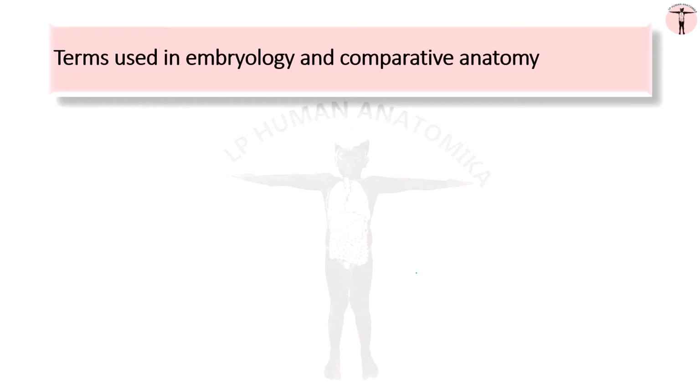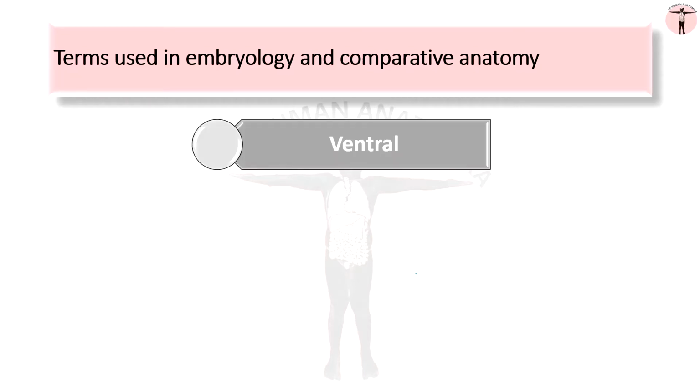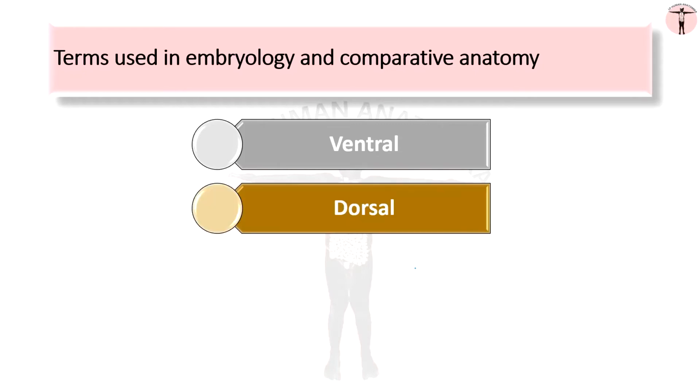Now we will see the terms used in embryology and comparative anatomy. Ventral is the part directed towards the belly, or the anterior part of the body. Dorsal is the part directed towards the back, or posteriorly.